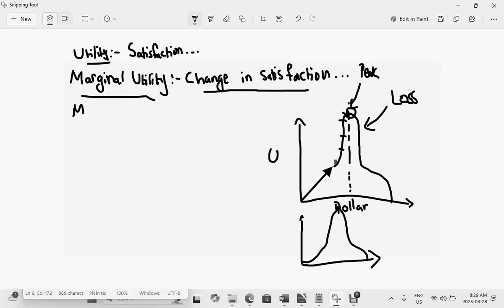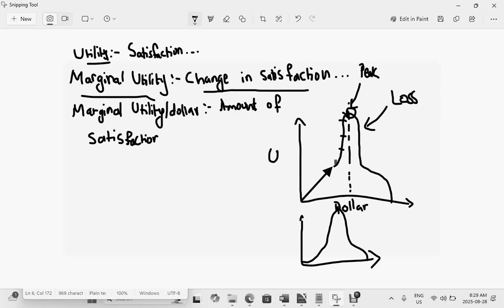And then your marginal utility per dollar, which is different than marginal benefit. So marginal utility per dollar has to do with the amount of satisfaction per dollar. So this is the amount of satisfaction. This is satisfaction per dollar.